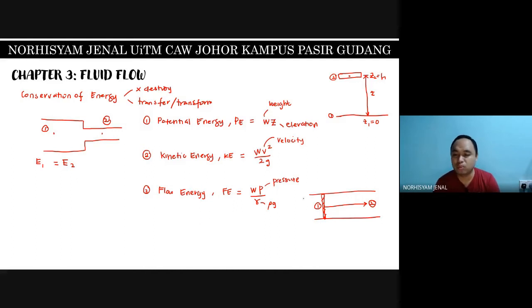So to provide the work from point 1 to point 2, it requires an energy. The energy over here is this equation here. And if we combine everything, the total energy is equal to PE plus KE plus FE.